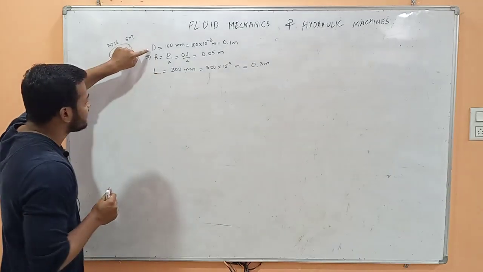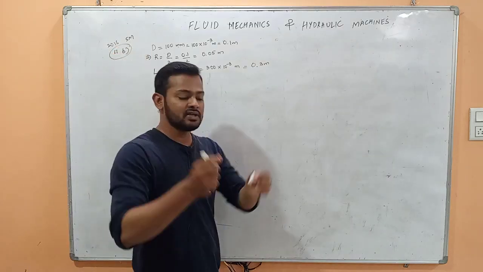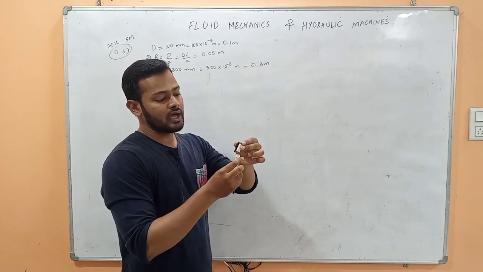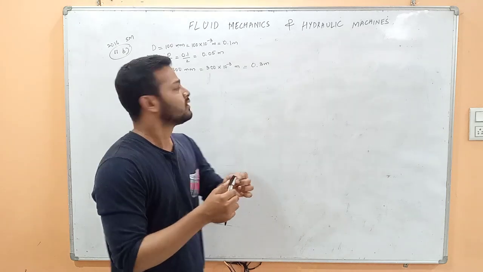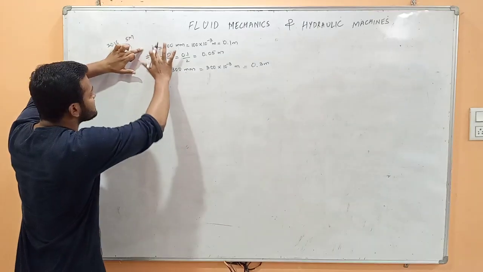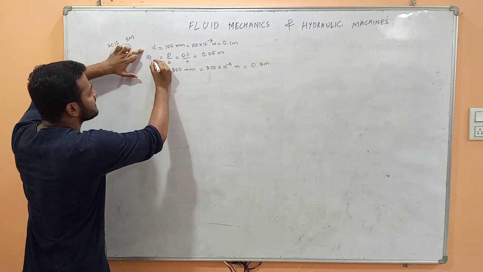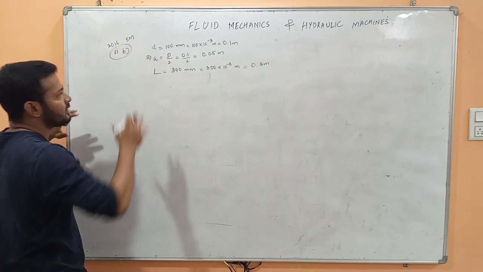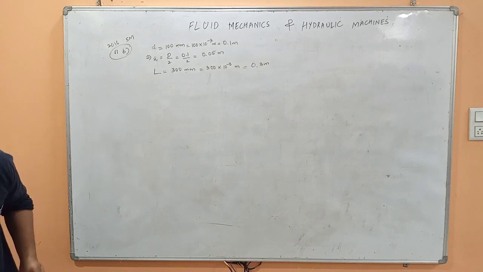I will take the diameter of the first cylinder because this dimension is lesser than this dimension. That's why I am able to get this cylinder inside this cylinder. So I will take the first cylinder as small d, because this diameter will be the smaller diameter and this radius will be the smaller radius. This cylinder is rotating inside another cylinder.